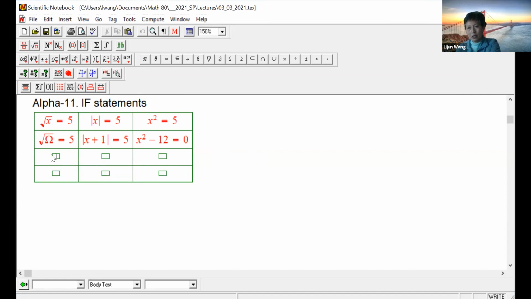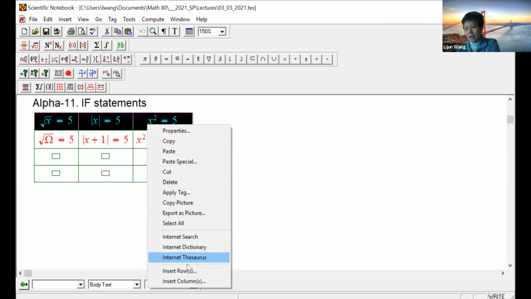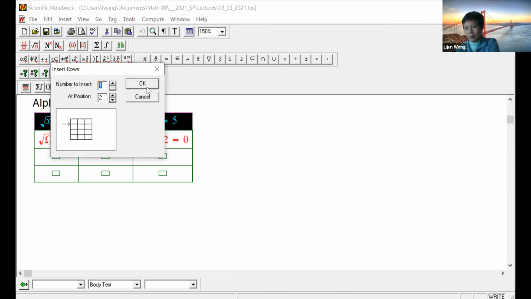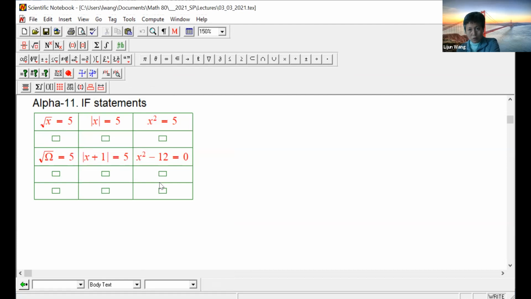Okay, so let's look at the graph. From the graphic perspective, the graph of root x, we know the graph, don't we? What is the graph of root x? Do you guys know the graph? Do you know the domain and range?